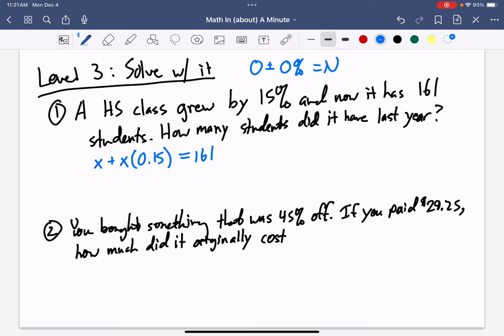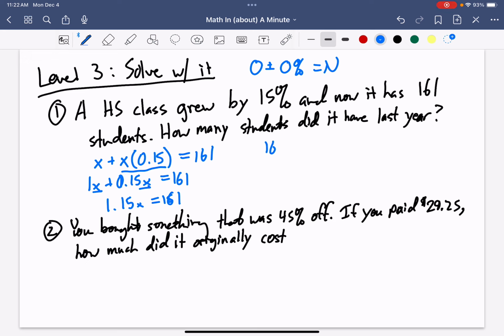Now, this is where it gets tricky. I'm going to take my time with this. I have 1x plus 0.15x equals 161. I just tidied up what that looks like. Now, these guys are like terms. 1x and 0.15x can be added up to get 1.15x equals 161.